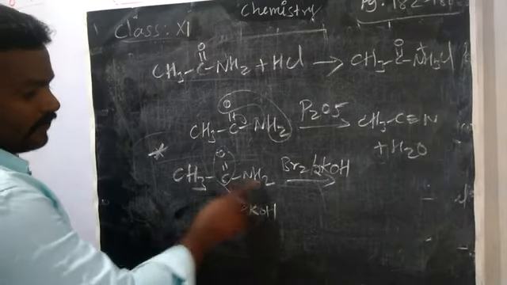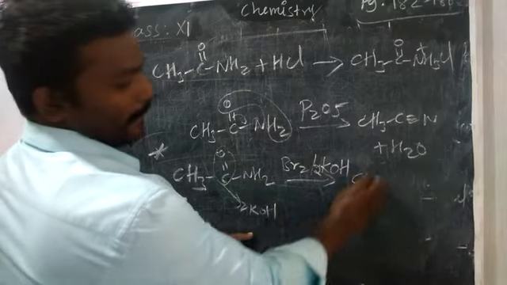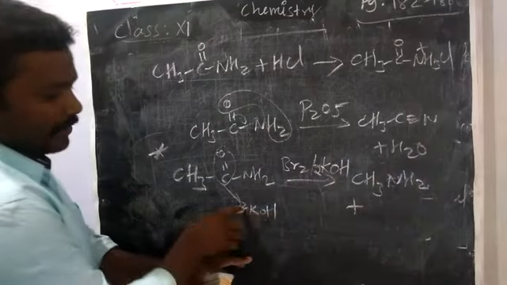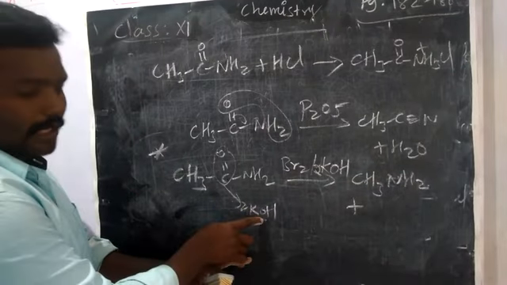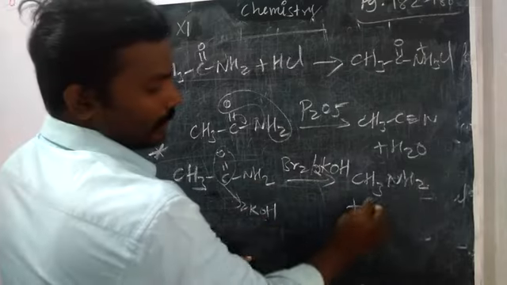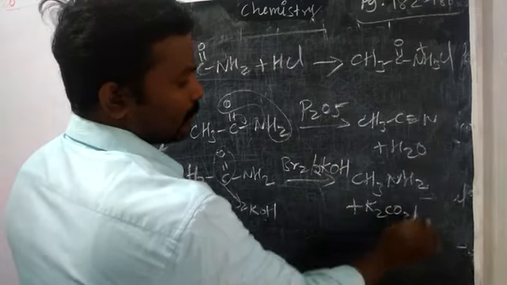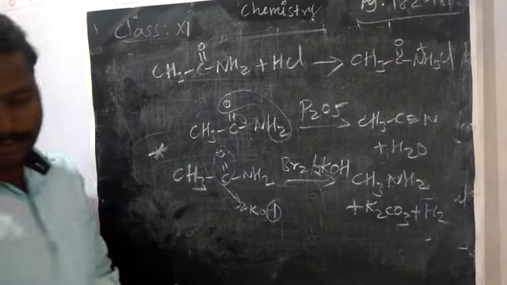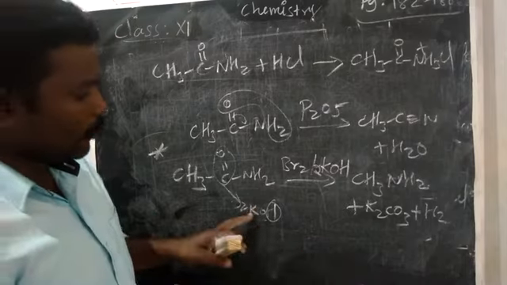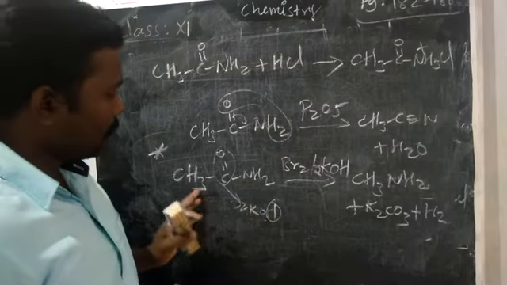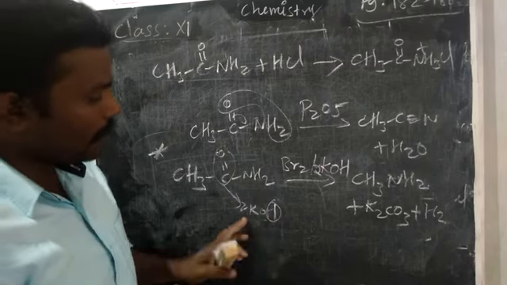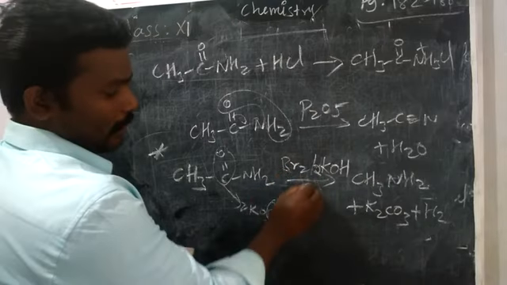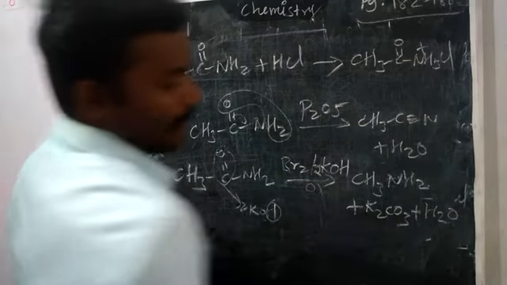Remaining we have CH3NH2, methylamine, plus K2CO3 and H2 gas. Now we got the products: potassium carbonate and methylamine, and we are also getting hydrogen gas, which is also acting as a reducing agent. So the hydrogen will form water.